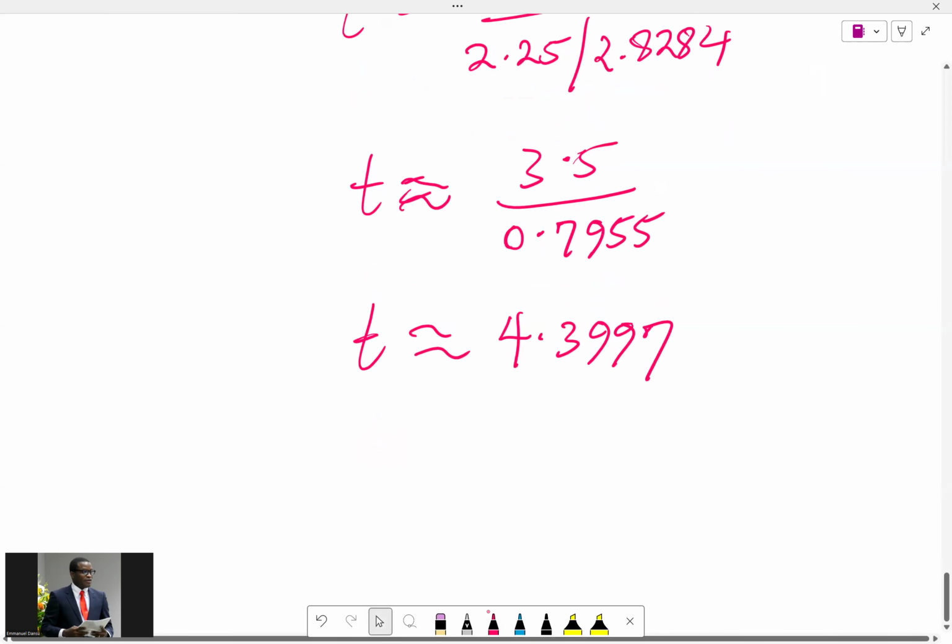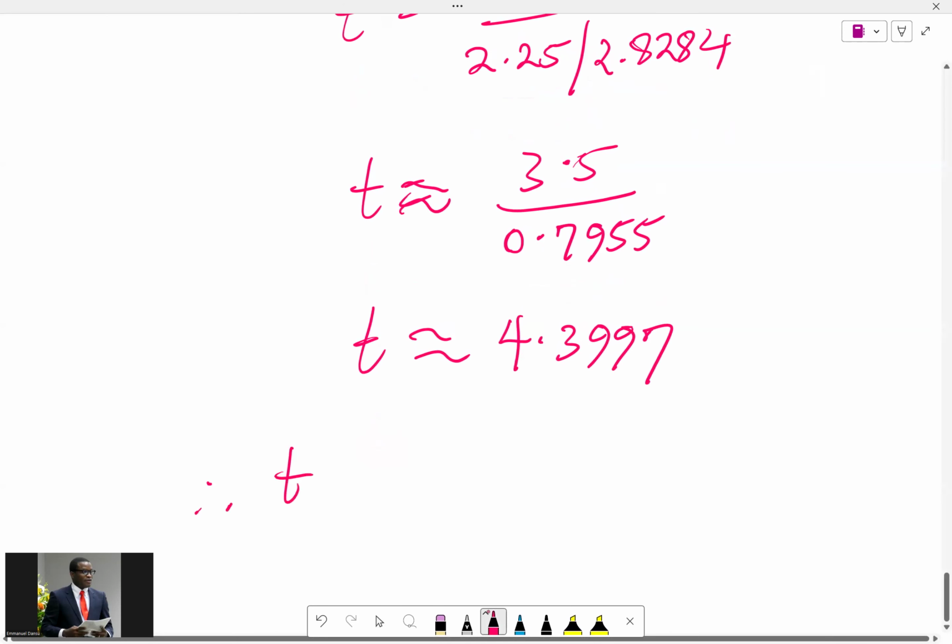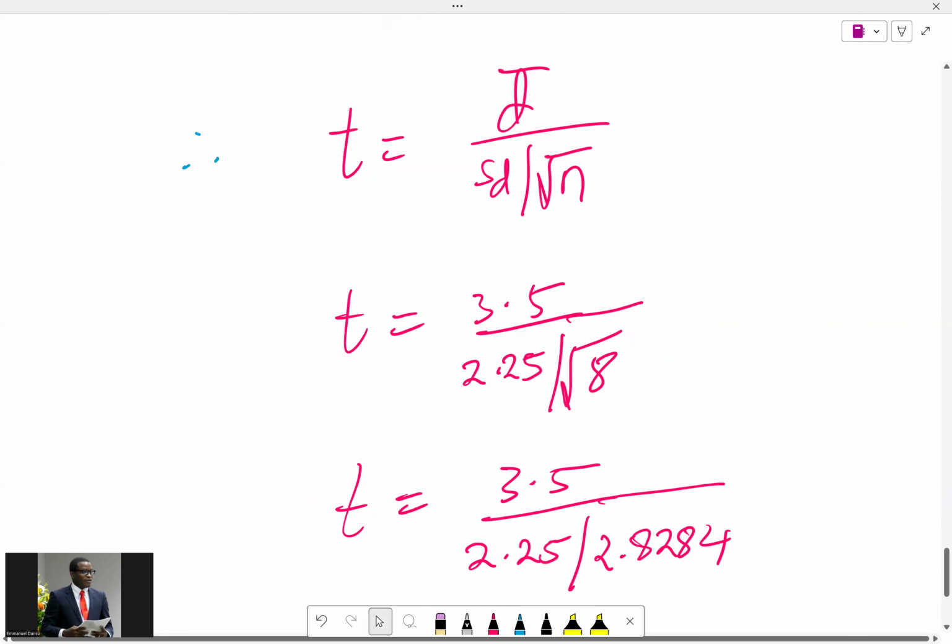So you can say something like, therefore, t test is approximately 4.40. Of course, you should start with the hypothesis, right?